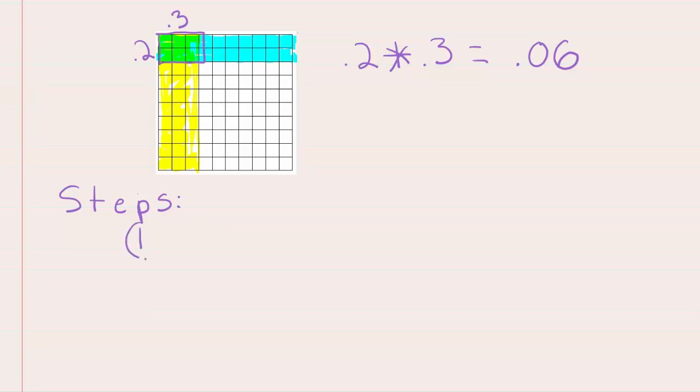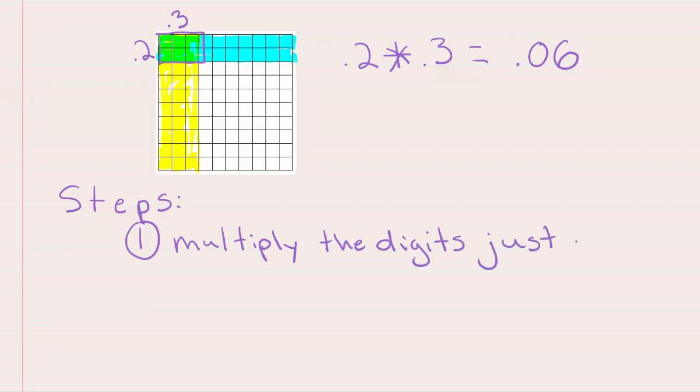So, our first step is going to be to multiply the digits just as in whole number multiplication. So you can see when we did this multiplication right here that 2 times 3 gives us 6. So we've multiplied our digits just like we would in normal multiplication.